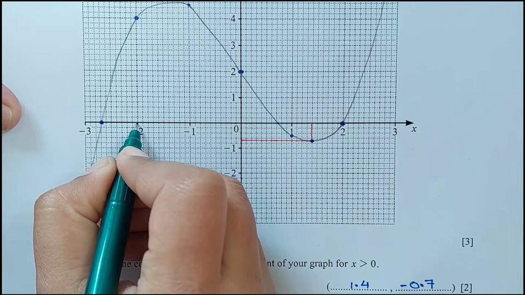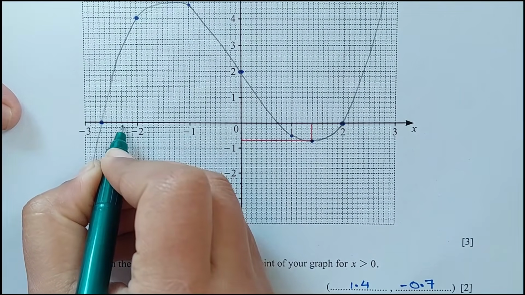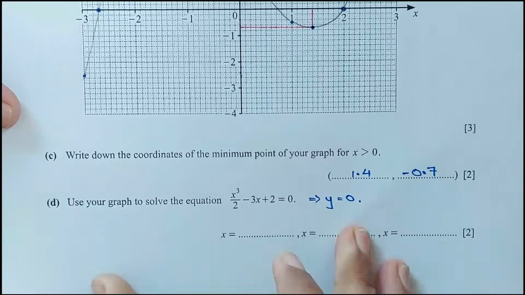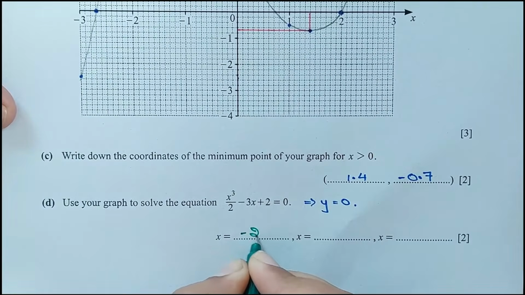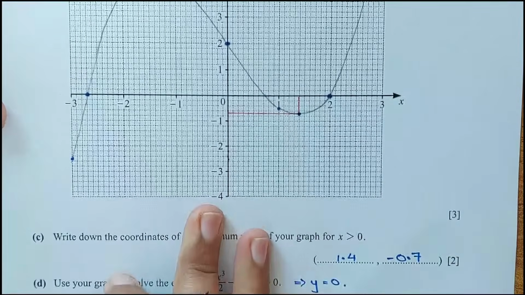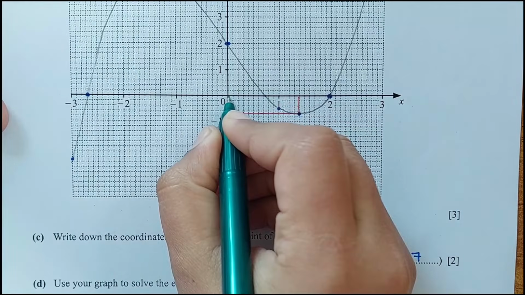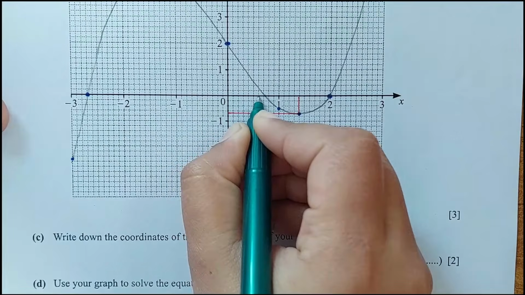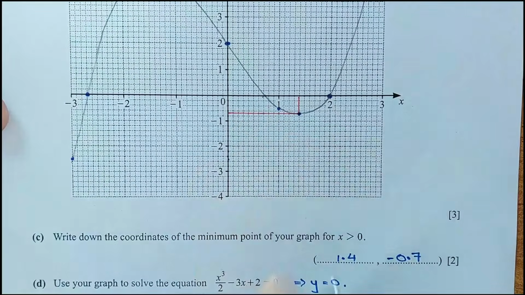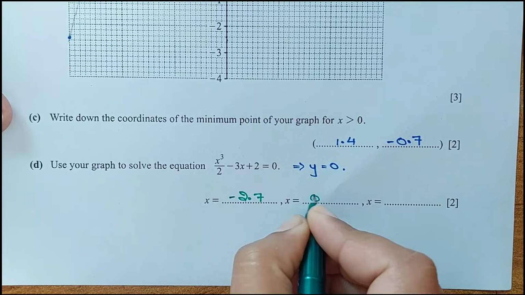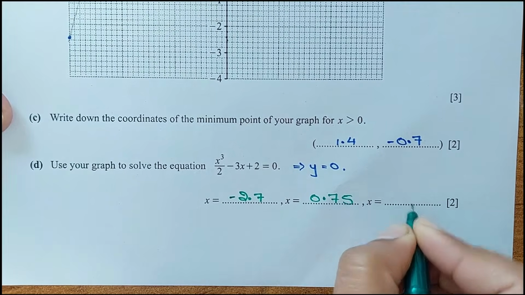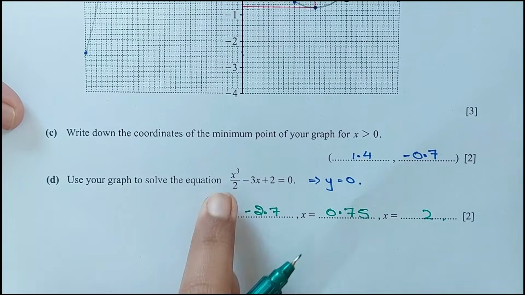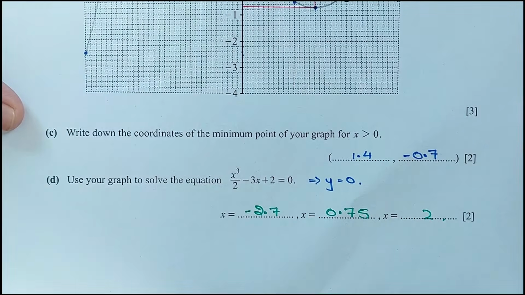So this point is 2, 1, 2, 3, 4, 5, 6, 7, minus 2.7, right? This is 0, 1, 2, 3, 4, 5, 6, 7 and 8, 0.75 and 2. So these are the x-intercepts when the y value is 0.